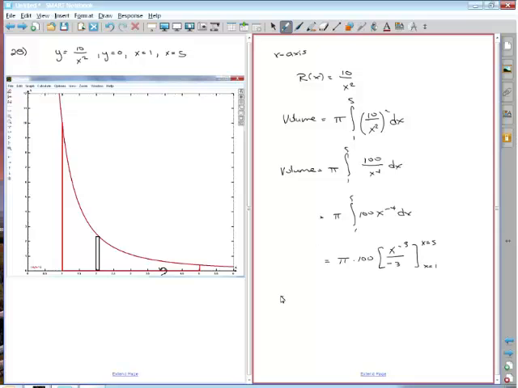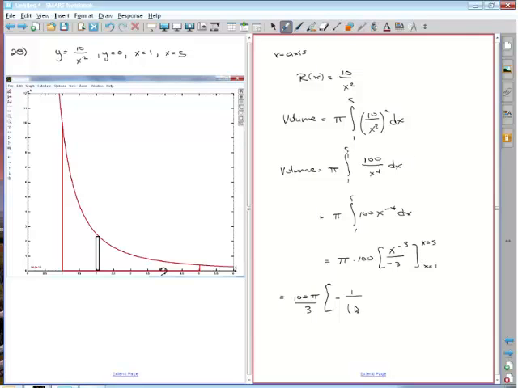Therefore, we can't just kind of ignore it. So we have 100 pi times, and let's take the 3 out. And so we're going to have a negative, and we have 1 over x cubed. So this is the same as x to the minus 3 power is 1 over x cubed.